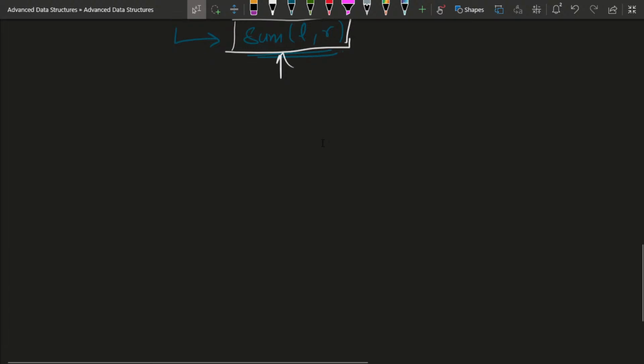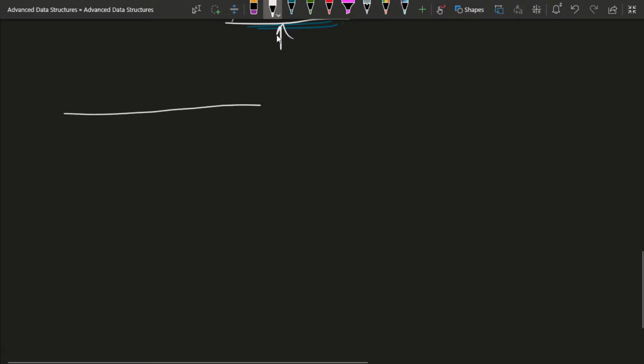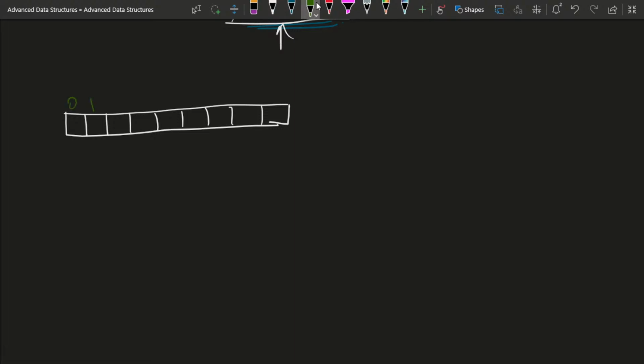So now let us suppose we are given an array. Consider the problem statement is the same. This is our array, and in this array the indices are 0, 1, 2, 3, 4, 5, 6, 7 and 8.